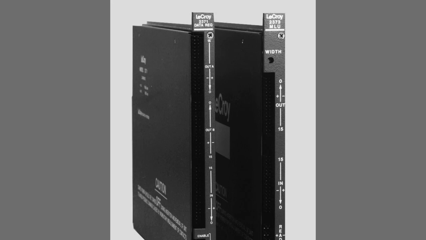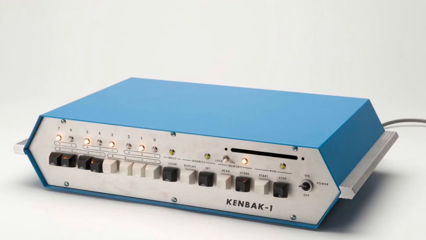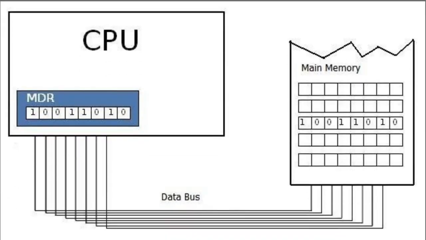Now, when you say memory data register, it is a register still in the computer CPU that stores the data being transferred from the immediate access storage. What do I mean? The data comes from an immediate access storage like a peripheral device.